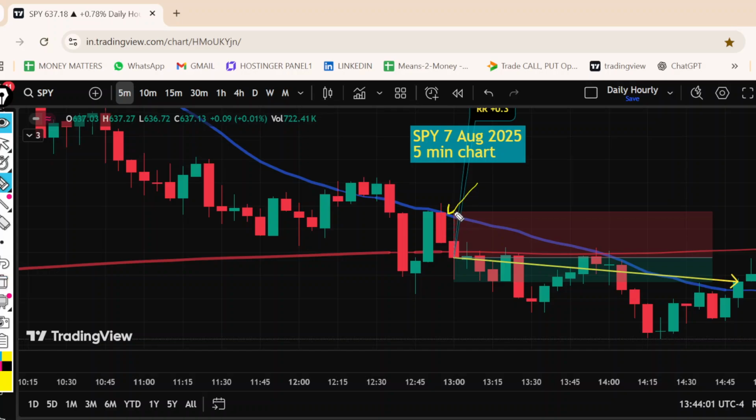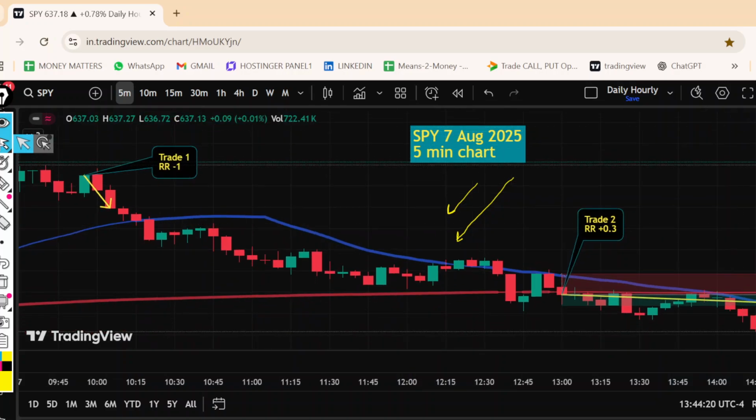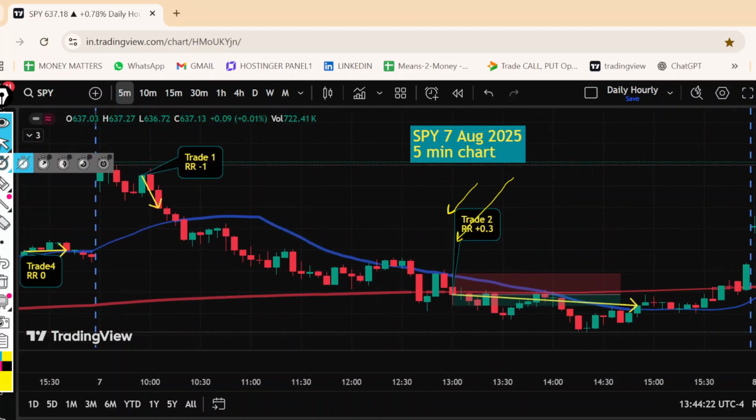Next candle again turns bearish. Again it is in a no trade zone. Again, for the second time, the market has come down from below both the moving averages. The market has been continuously coming down from here till here.